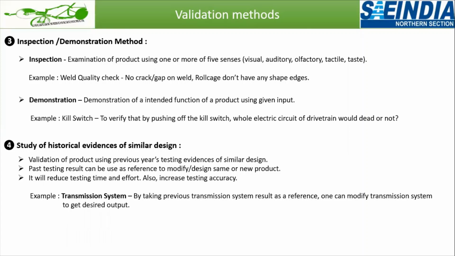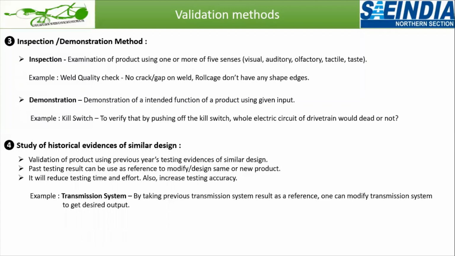Number four, study of historical evidence of similar design. Validation of the product using previous years' testing results of a similar design. That is, past testing results can be used as a reference to modify or redefine the same or a new product. It will reduce testing time and effort, and also help to increase your testing accuracy.